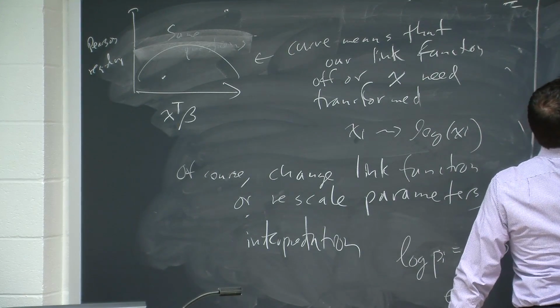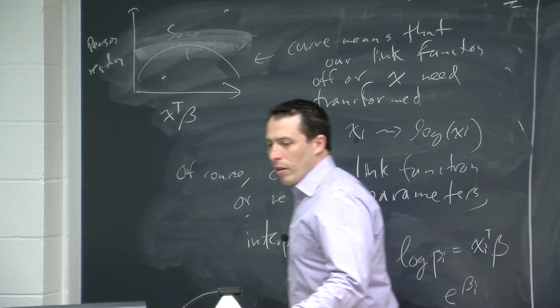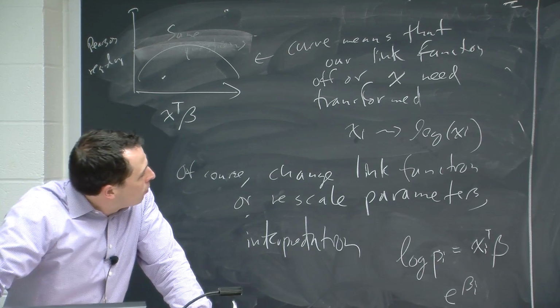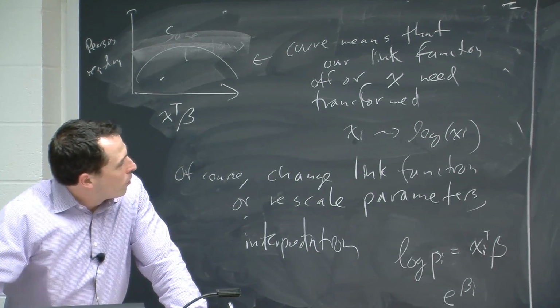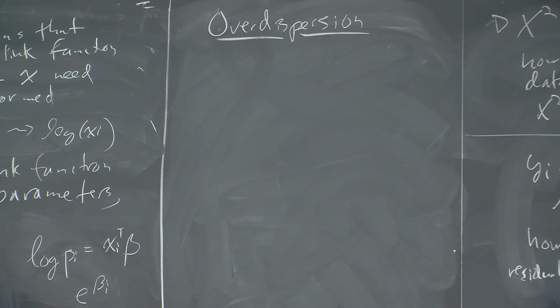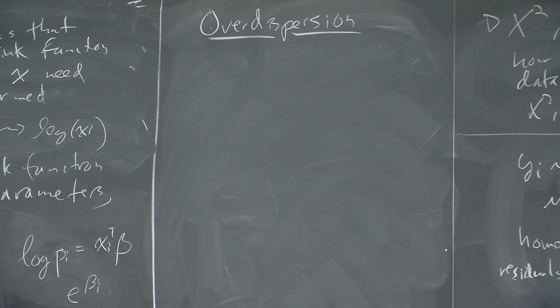So overdispersion came up early on in the class. We talked about how for a series of dart games in which my skill level is changing, or where I have different people playing and I don't know who's playing, something like that, I'm going to observe a variance which is higher than would be predicted by a simple binomial model.